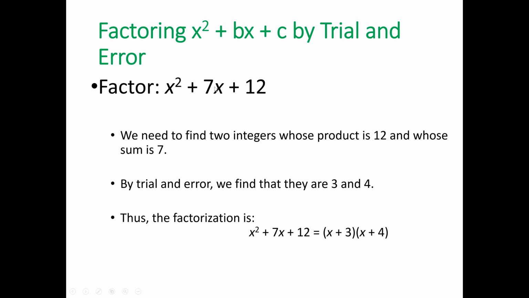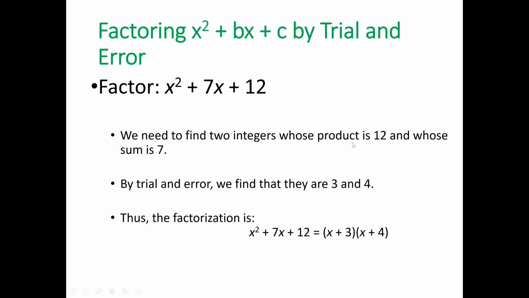So solving this problem, first I'll factor the x squared, which will give me x and x. I'll find the two values that when I multiply, I get 12, and when I combine, I get 7. That will be 4 times 3 is 12, and 4 plus 3 is 7. So by trial and error, we find they are 3 and 4.